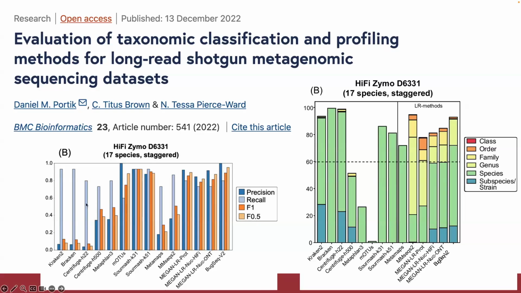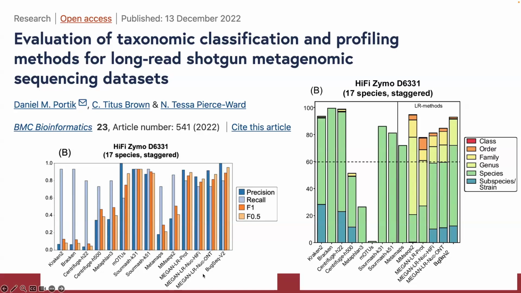So again, we see recall very good with Bracken and Kraken here. Typical. Precision not so hot. So that's kind of matching what we see with the short reads. Here's MetaPhlAn showing a better F1 overall out of the defaults. And then they show some other methods that I have not talked about: Sourmash here, this BugSeq, and then also MMseqs, which has been mentioned a lot by others.